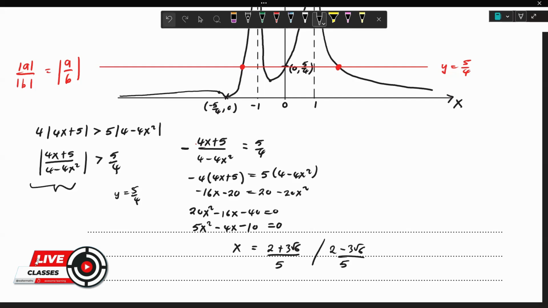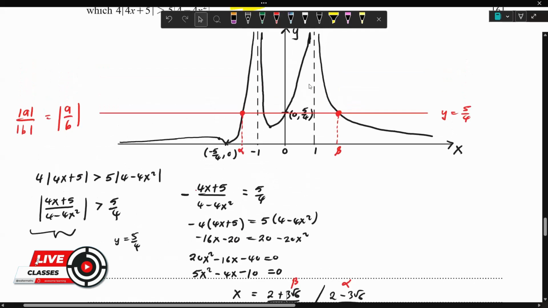All right, so these are the two, okay? I will call this alpha, and I'll call this beta. So this is alpha, and this is beta, okay? Let's also find the intersections, this one and this one.